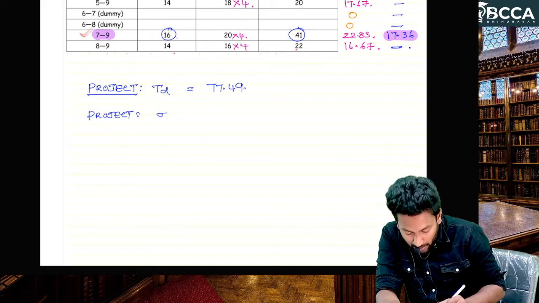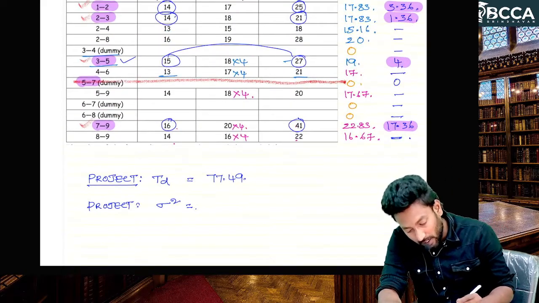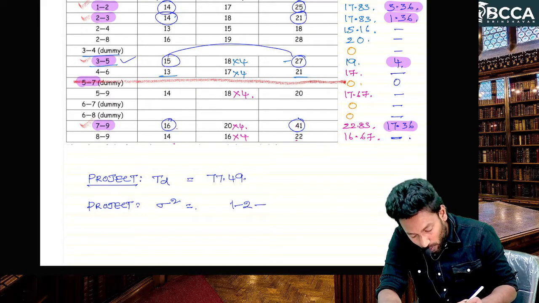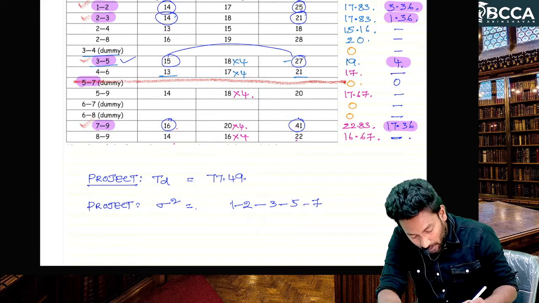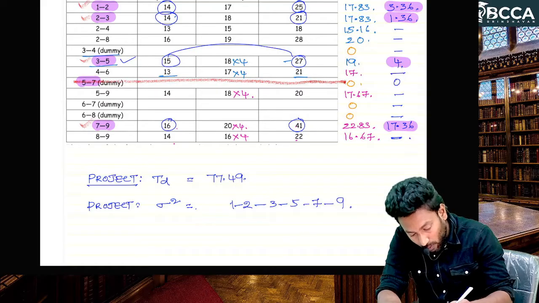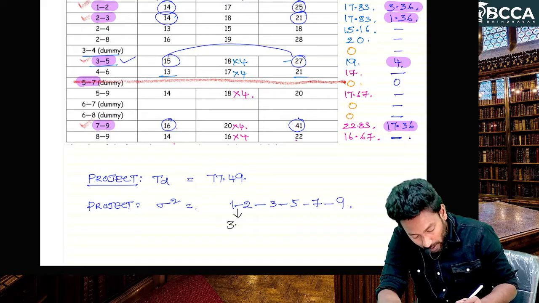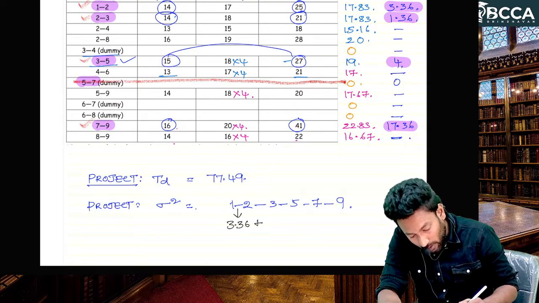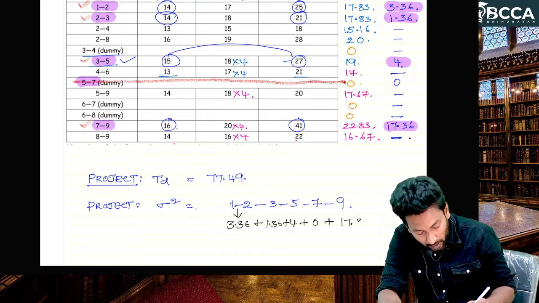Now project variance. We can add the critical path variances, sir. The critical path is 1 2, 2 3, 3 5, 5 7, 7 9. So 1 2 variance is 3.36, plus 2 3 variance 1.36, plus 3 5 variance 4, plus 5 7 variance 0, plus 7 9 variance 17.36.